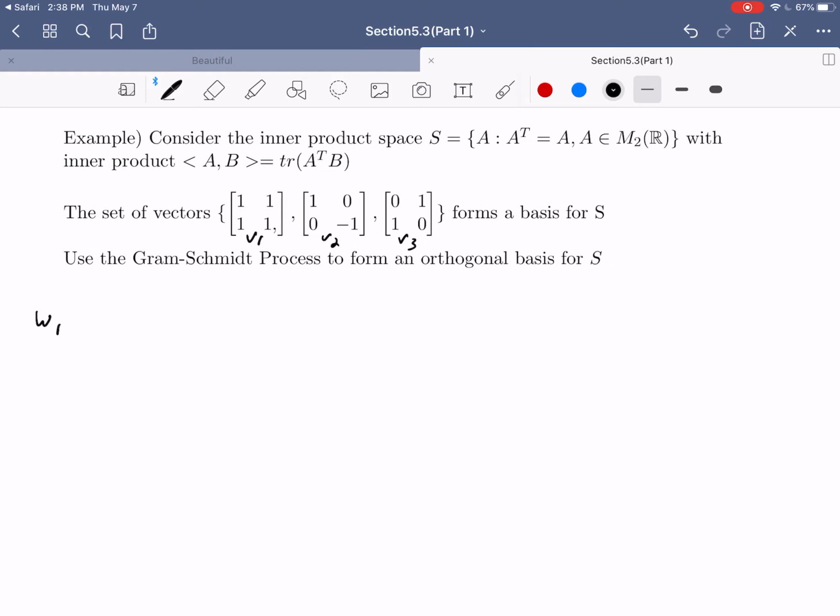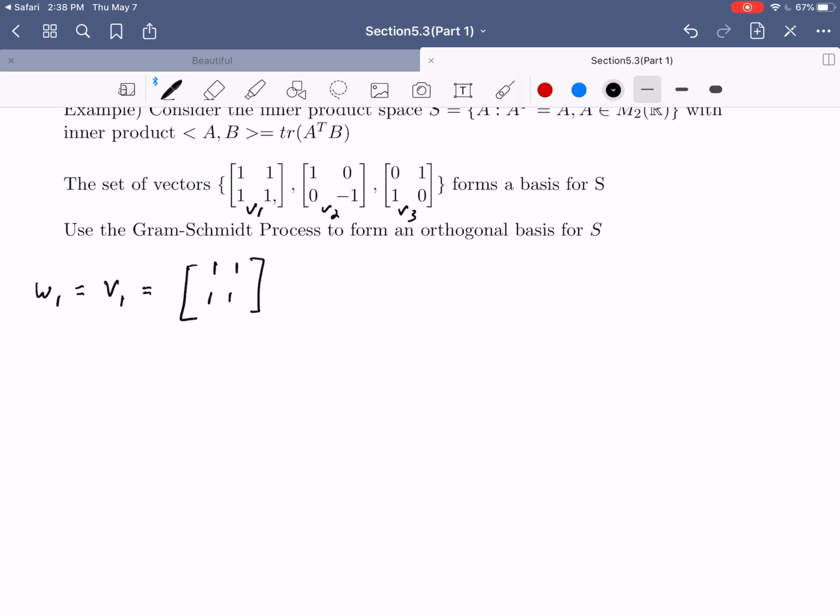Then W1 is equal to V1, so we still use 1, 1, 1, 1 as our first element. W2 is V2 minus the projection of V2 onto W1.